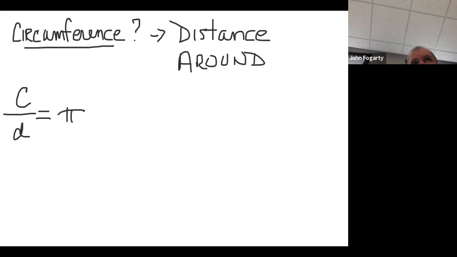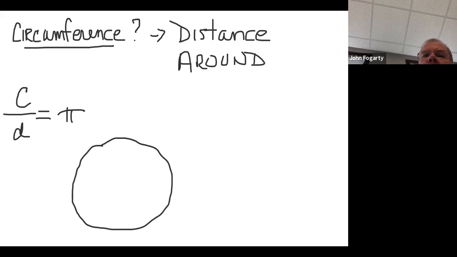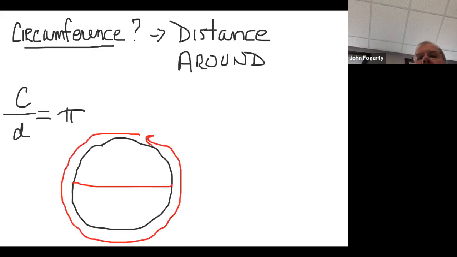The circle at the middle of the soccer field, the circle at the middle of the basketball court, the circle on the quarter: if you took the distance around the circle and divided it by its diameter, you get pi. So that's where pi comes from.